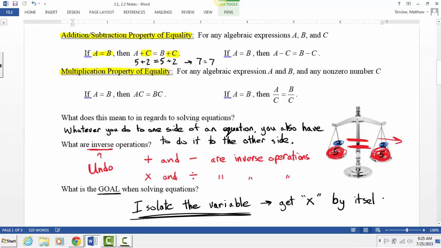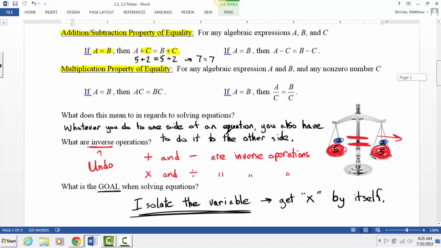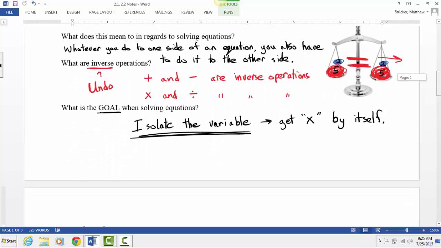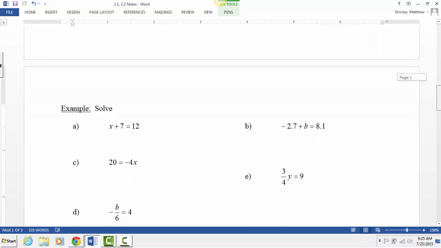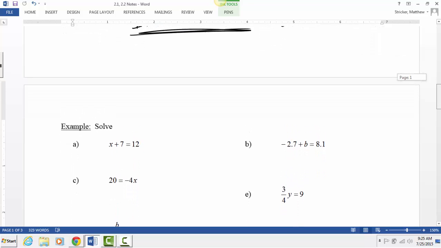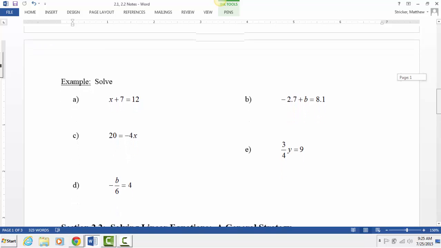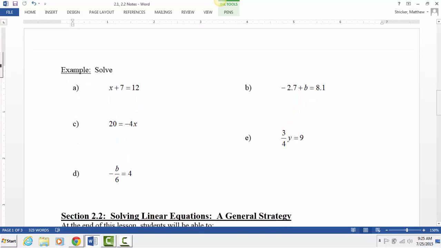Plain and simple, that's what we have to do. We have to find out what that value of x is. We have to get it by itself. And again, a lot of you I think have done this before, but we don't want to leave anybody behind, so we're going to review even the most basic of solving equations. If this is easy for you, great. You're going to be ready for the more difficult stuff.